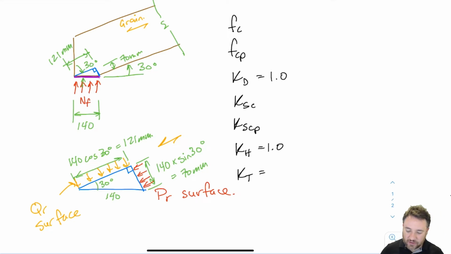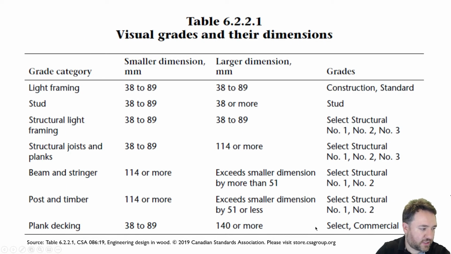Okay, so let's find all these things, FC and FCP. So this is a 38 by 235. Let me just bring up the table of strengths. We are talking about a lumber. So if I go to the lumber table, first I need to figure out my grade category, right? It's a 38 by 235, so it's structural joist and plank.